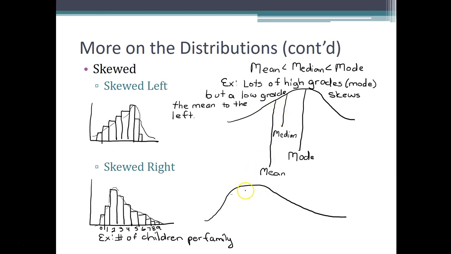Whereas down here, maybe somebody had lots of low grades, and then they made a higher grade suddenly, like 100. Well, that's going to skew their grade to the right, a little higher. So that's going to pull their mean to the right. And then the median's always in the middle.